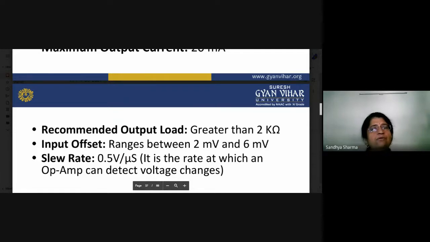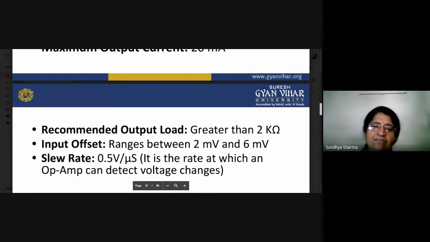If we are talking about the input offset, what type of voltage you have to apply at your input terminal so that you achieve the output voltage V0 at 0 volt. There may be a slight voltage, and the range is between 2 millivolt and 6 millivolt, which you can apply between your inputs so that it can nullify your output voltage V0.